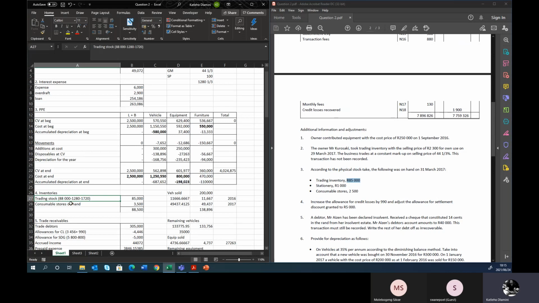And then you're going to say minus the drawings, because remember, drawings will reduce the value of stock. Remember, this person took inventory. Fine. So if it was drawings in the form of cash, you don't put it here. So it depends what kind of drawings it is. If it is drawings in the sense of equipment, then you also don't put it here. It's only if it's inventory.